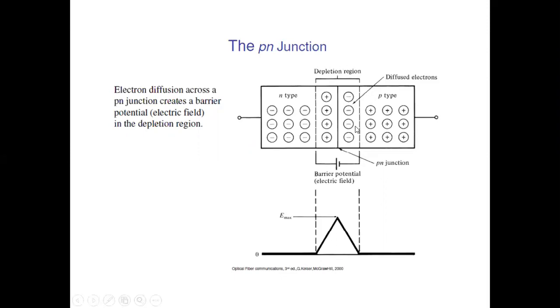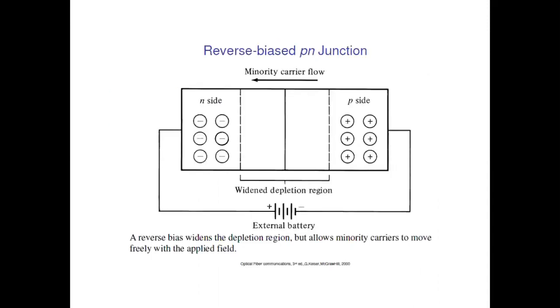This region starts accumulating more and more electrons, and this one more and more holes, and they prevent more electrons from coming from here in this direction and more holes from here in this direction. So this region becomes the depletion region, and it creates a barrier potential which restricts the carriers from further diffusing into the regions.